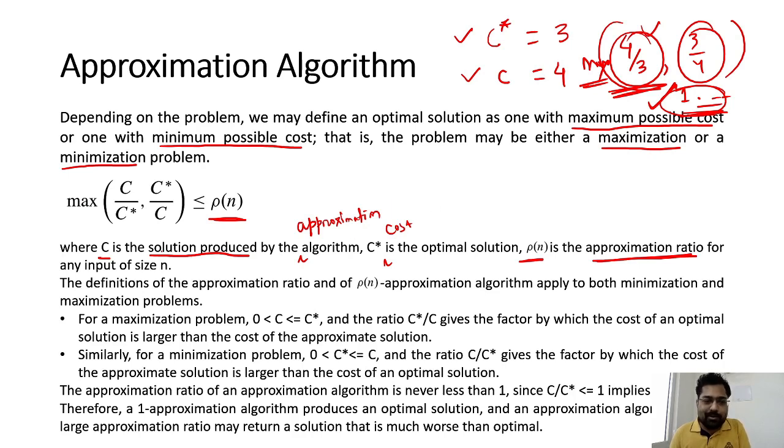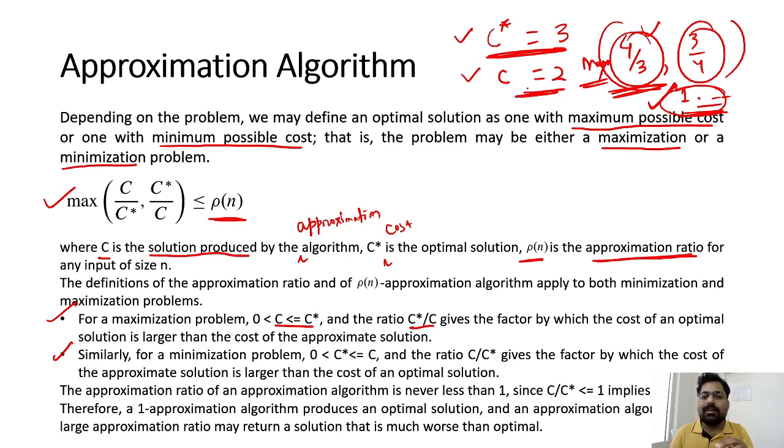So that's why this formula plays a vital role, and we should know it. As we discussed earlier, there are minimization and maximization problems. Here I mentioned two points. If C is less than or equal to C star, the optimal solution is more than our cost. For example, the optimal solution is 3 and the approximation algorithm cost you designed gives 2.